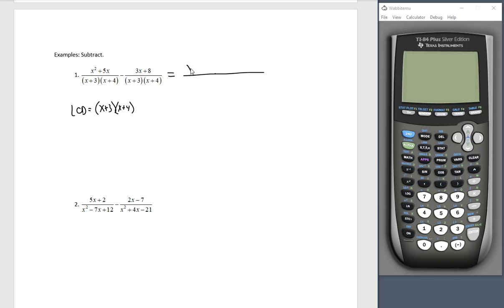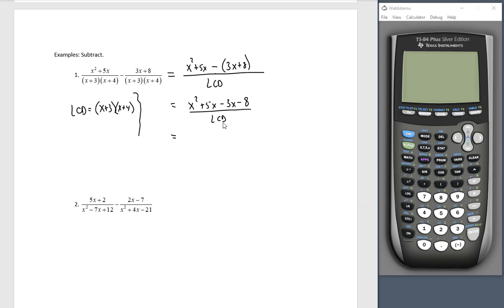Okay, so we're going to take x squared plus 5x and subtract all of 3x plus 8, keeping our denominator. This is an aside. So I'll have x squared plus 5x minus 3x minus 8 all over the LCD.